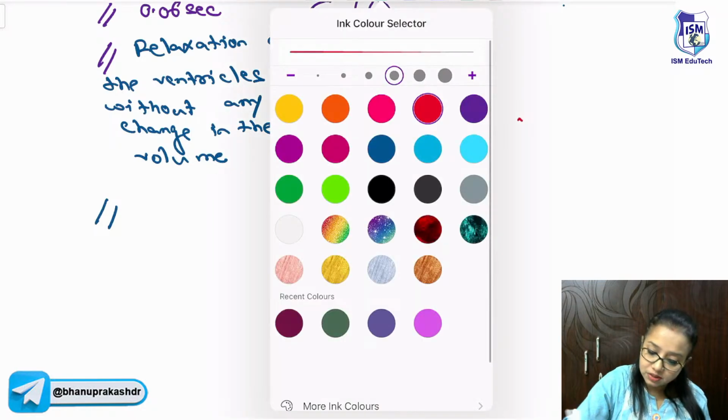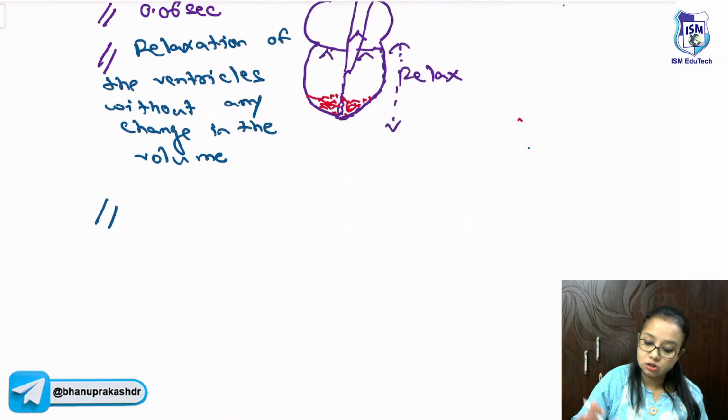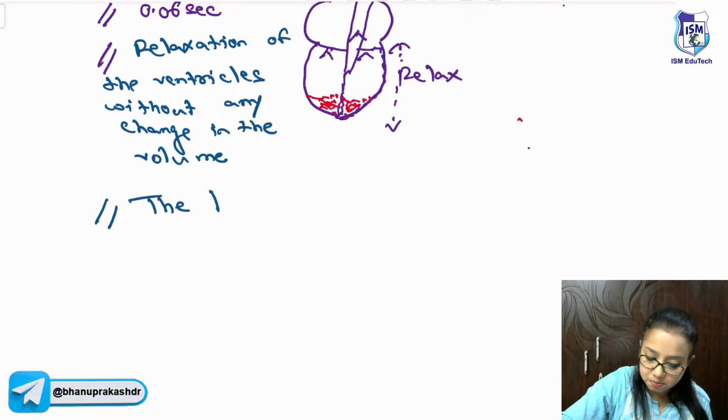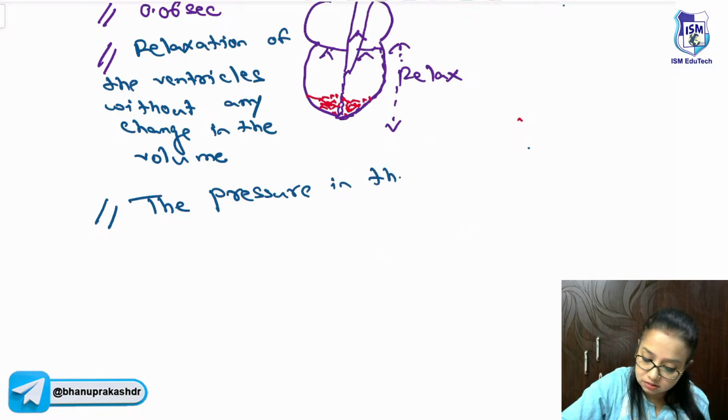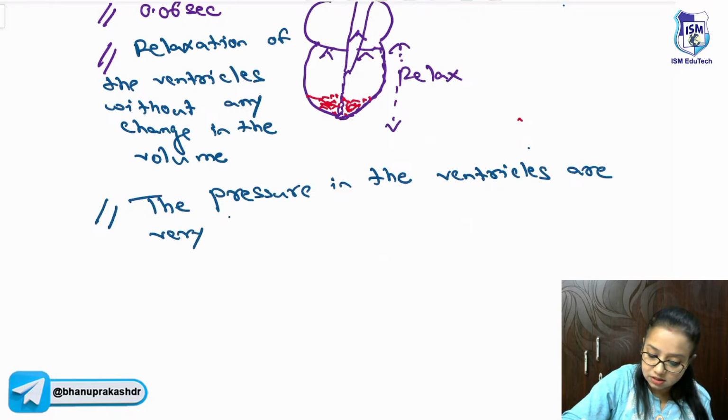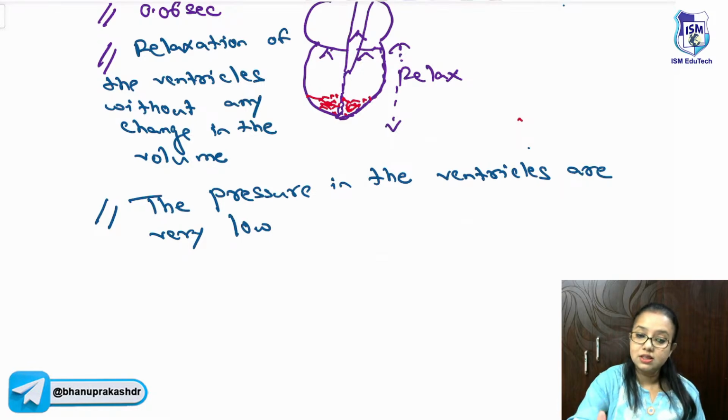So with no change in volume, the pressure in the ventricles is very low. But when this is happening, the atria are getting filled by blood, as a result of which there is a difference in pressure.